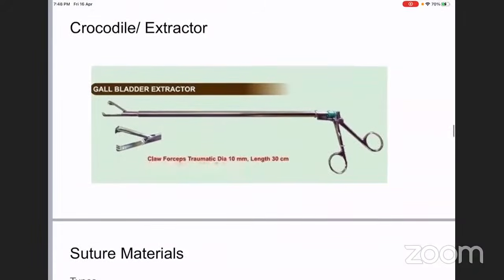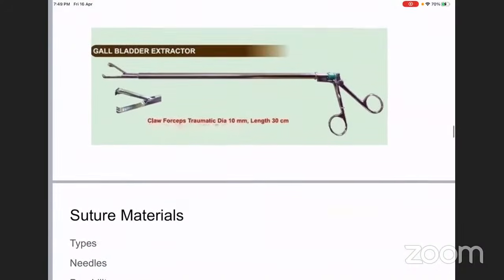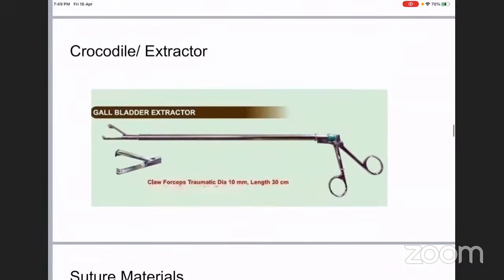Then we have something known as a crocodile or a gallbladder extractor. It has a claw-like or jaw-like system at the tip. You generally pass it through the 10 mm port, and at the end of the surgery, it can be used to extract the gallbladder.